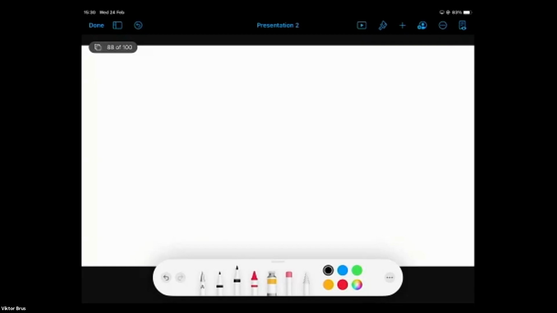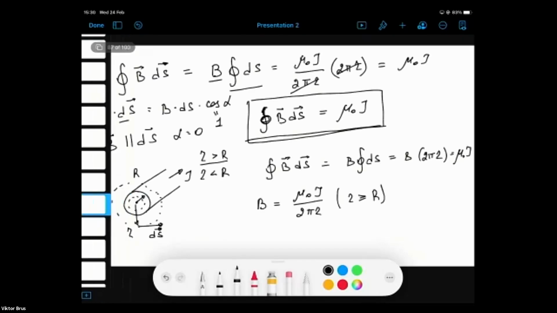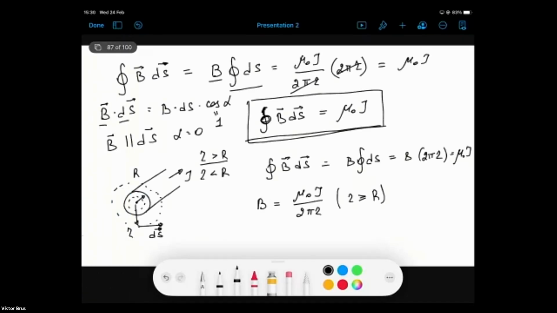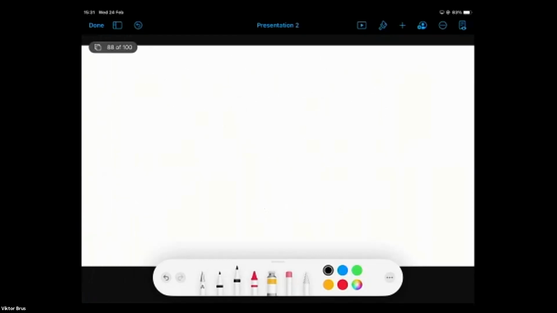So in this case, when the radius of this Ampere's loop is smaller, not all current I is flowing through the surface defined by the closed loop, but only part of it, assuming that we have uniform distribution of electric current density across the cross section of this wire.